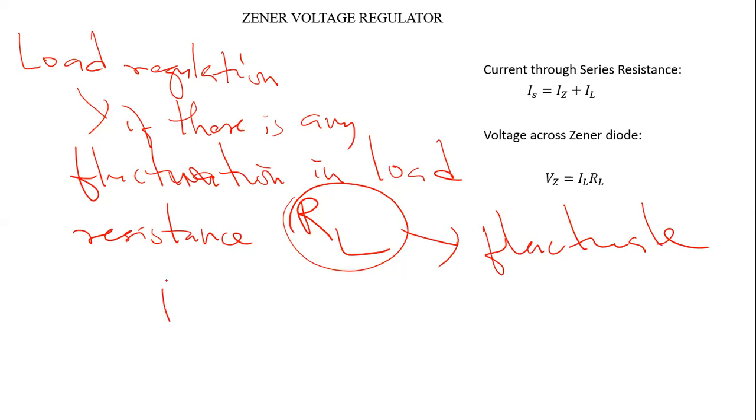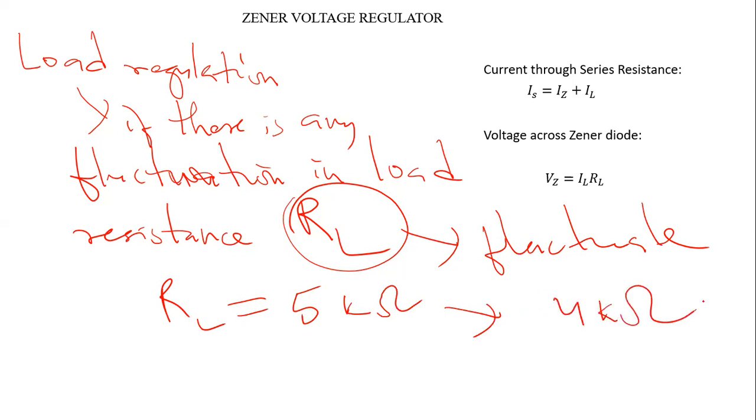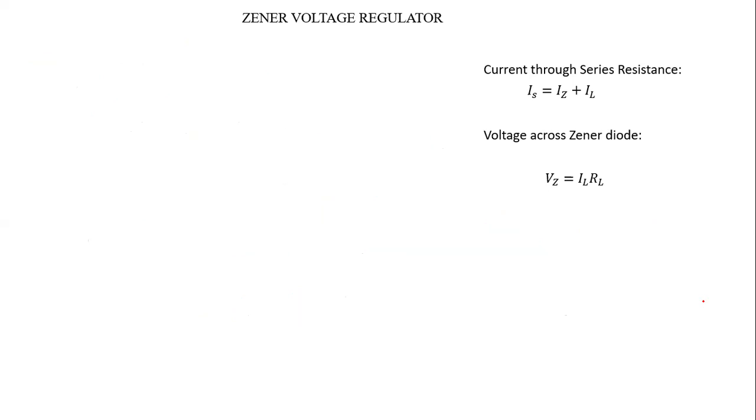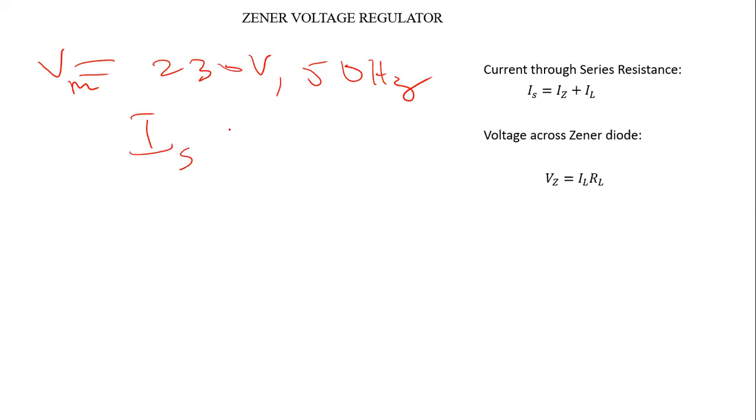So let's say your load resistance value dropped from 5 kilo ohm to, let's say, 4 kilo ohm after they are getting heated up. All right. Now your line voltage is not fluctuating. Let's say your line voltage peak value is 230 volt and 50 hertz AC. That means whatever series current is, let's say it was 2 milliampere, like in the previous example, it will remain constant.